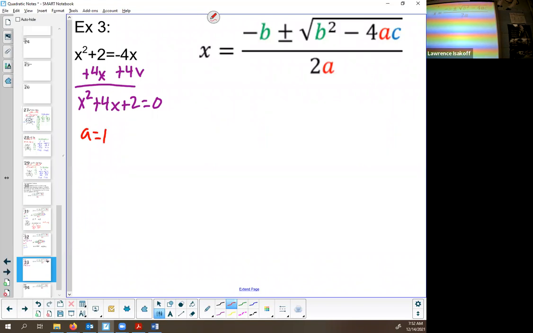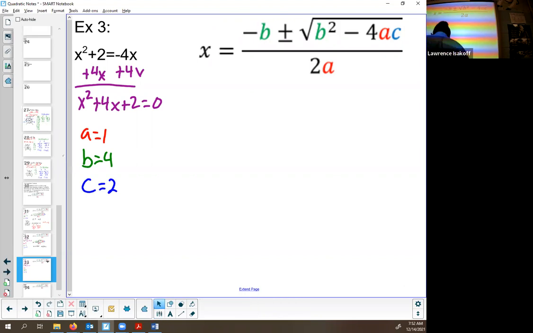So my A value is just 1. What's my B value here? 4, good, good. And my C value? Just 2. So again, I'm going to start just plugging into the quadratic formula. I do need to see this on your paper each time.